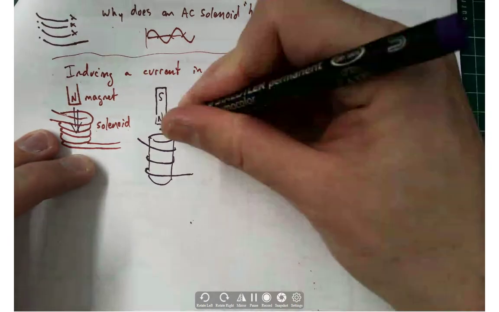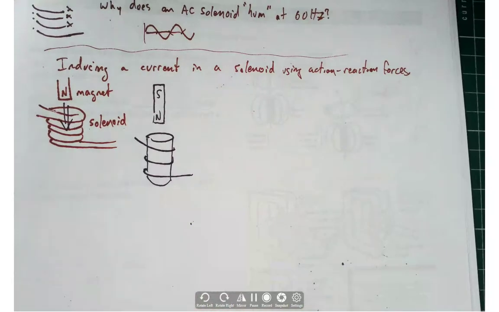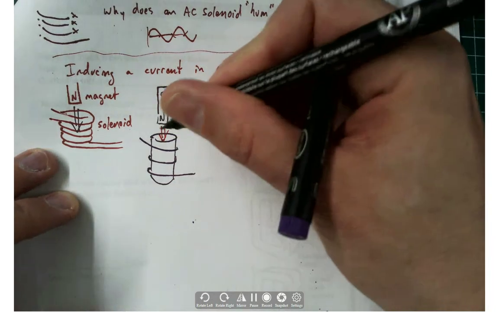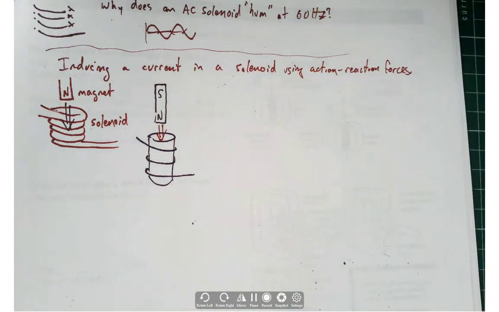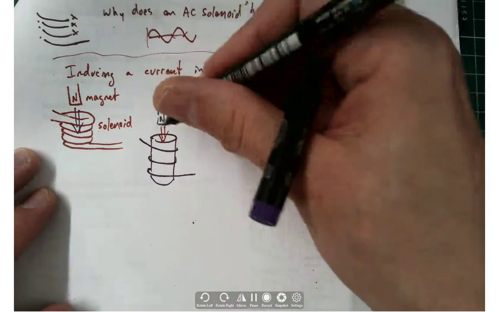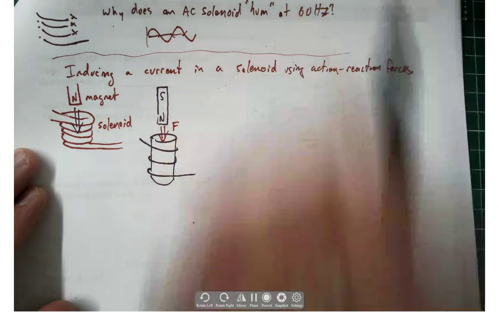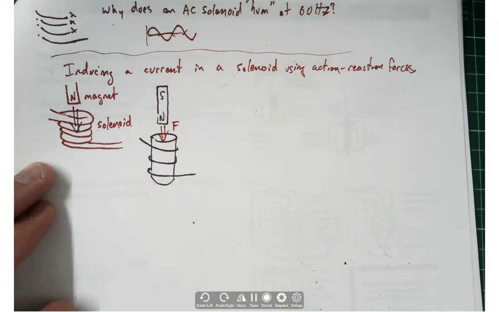So the action is we're going to take this permanent magnet and we're going to force it into the coils of the solenoid. So if I was wrapping my wires around a toilet paper roll or around some cylinder that would keep this thing from collapsing, I could apply a force to this magnet, shoving it in. And what I want to claim is that we can induce a current.